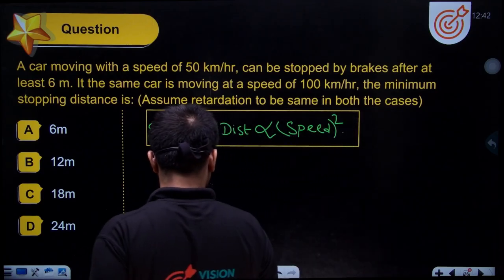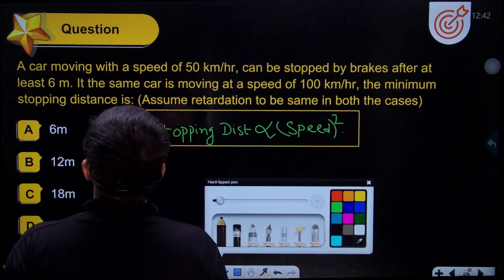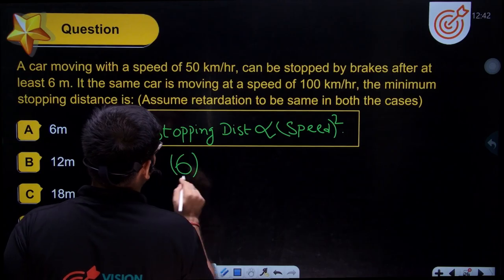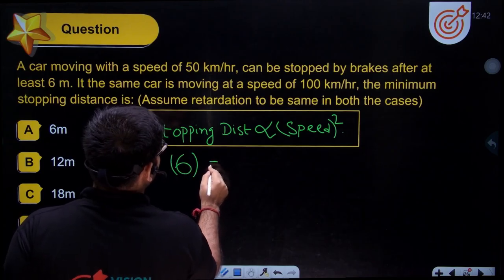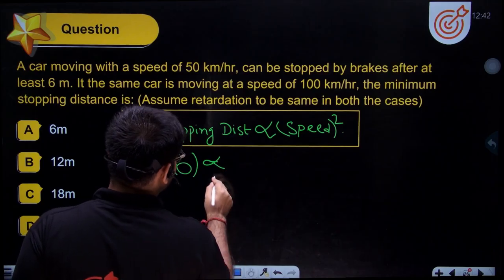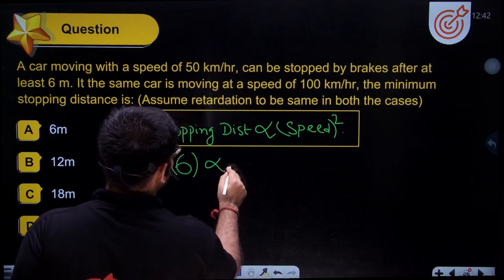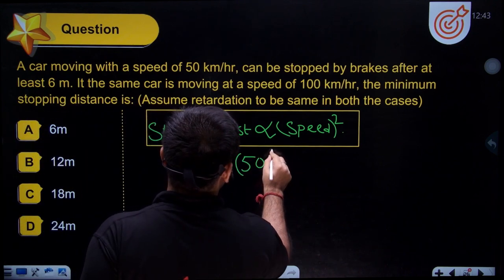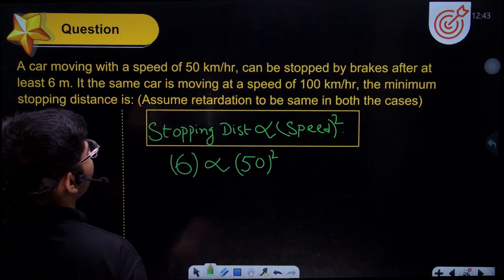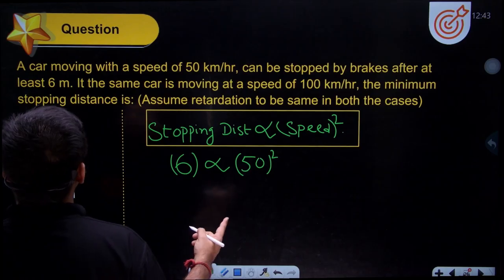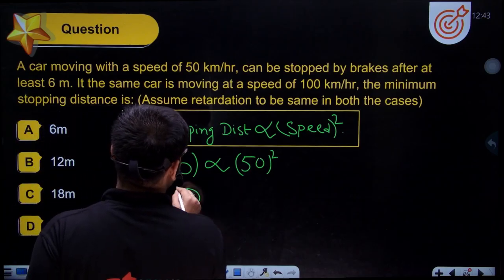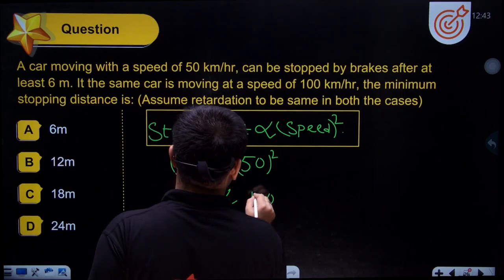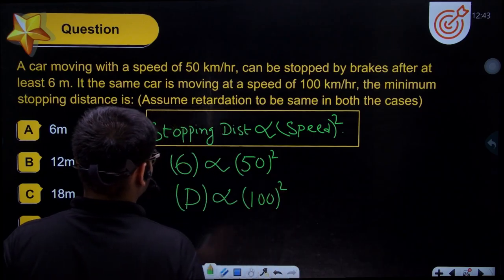Now let us see. So 6 meter, so I can say that 6 meter was my first stopping distance. Okay, I can say that this is proportional to 50 square. Okay, and when the same car, so I don't know what is the distance when it is stopping, but the speed I know na. Right.